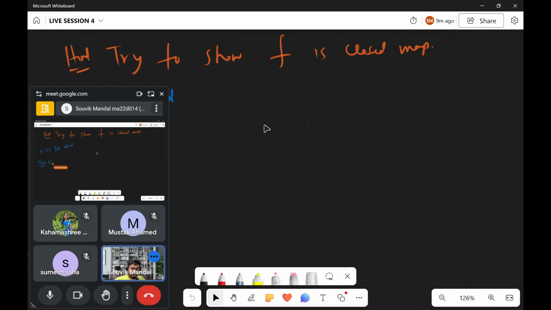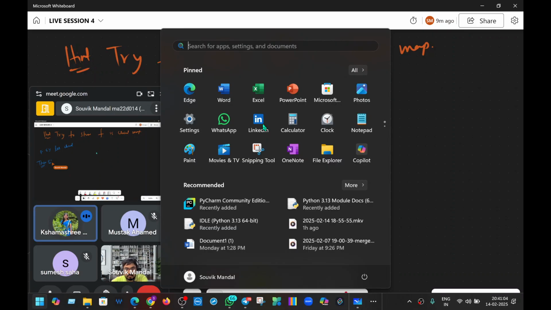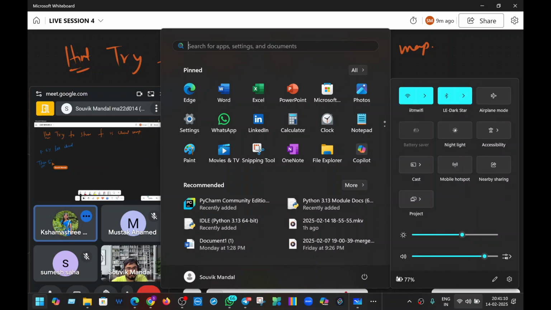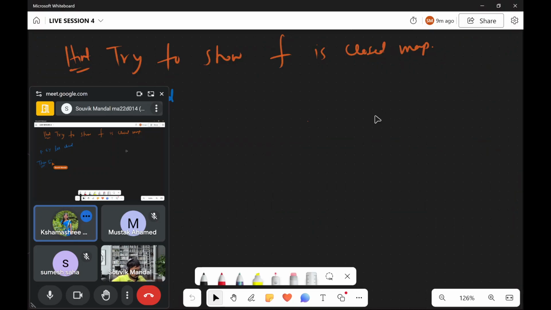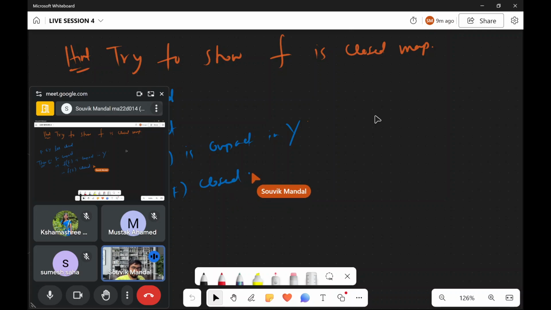Why is capital F compact? A closed subset of a compact space is compact. Correct. So F is compact. So this implies f of F is compact in Y. So this implies f of F is closed. Yeah, that's correct. Good.